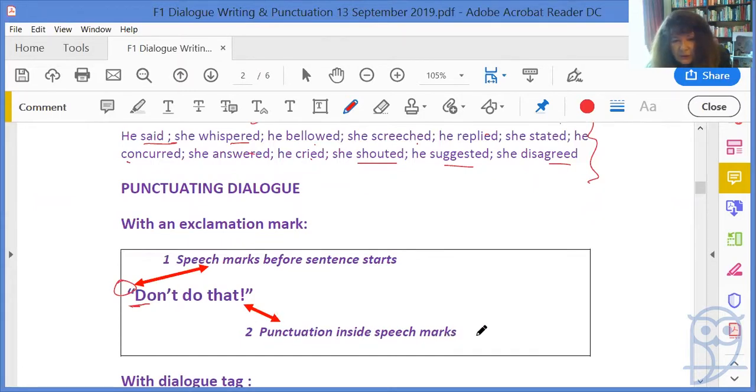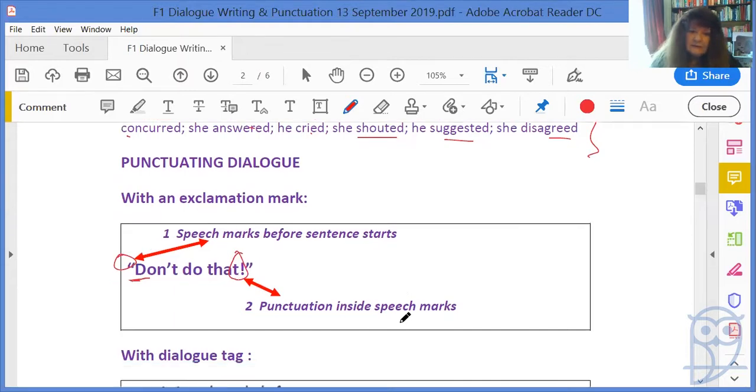The punctuation is always inside the speech marks, so the exclamation is inside there, and you close your speech there. So with an exclamation, that's exactly what you do. Look at those red arrows to remind you, and try not to ever forget that.